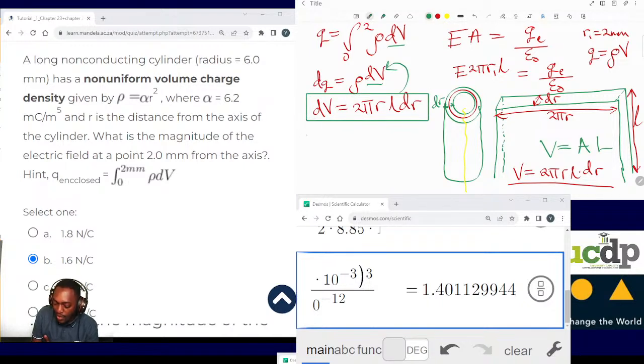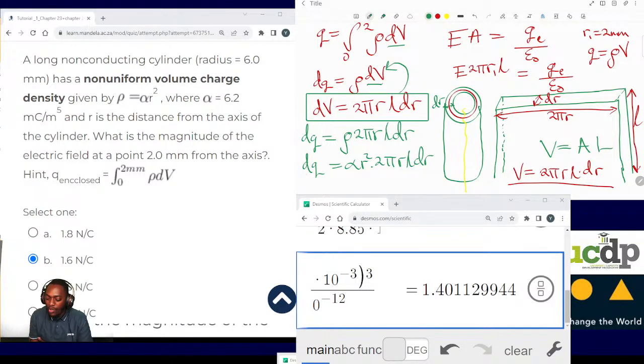All right, so our dq is equal to rho, then in place of dV, we put 2 pi r L dr. Then this sigma we've been given is equal to alpha r squared. So our dq is equal to alpha r squared times 2 pi r L dr.